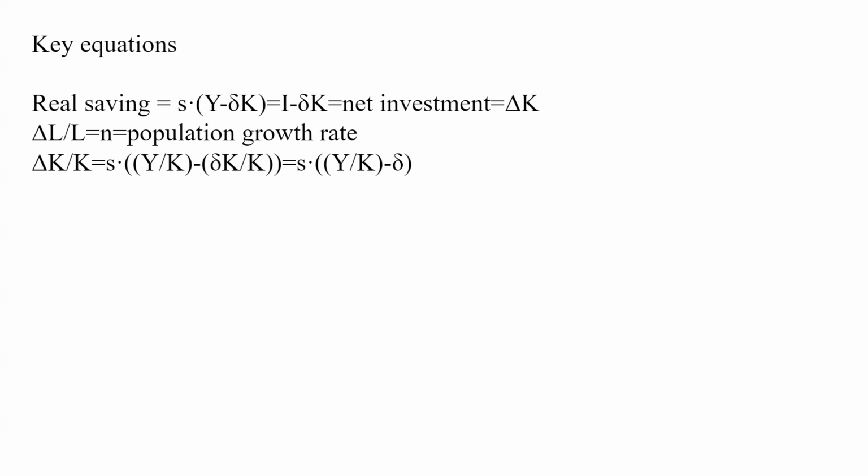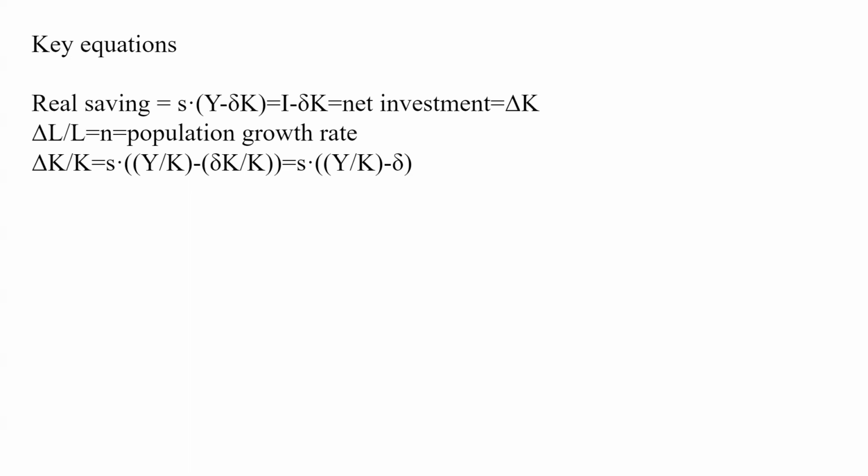And we can think of that as equal to the change in capital. And at the same time, we think of that as equal to real savings of an economy. The savings rate of an economy is how much the economy saves.